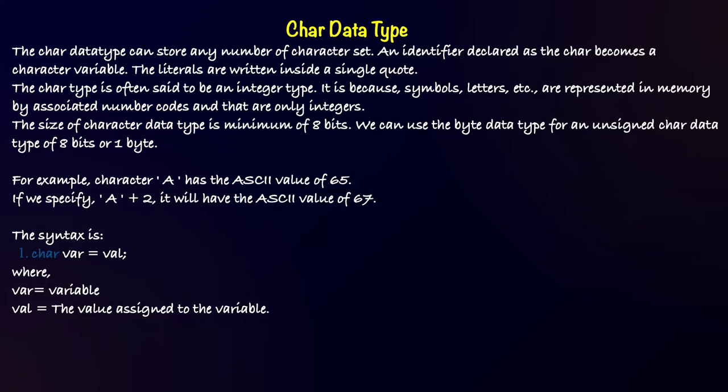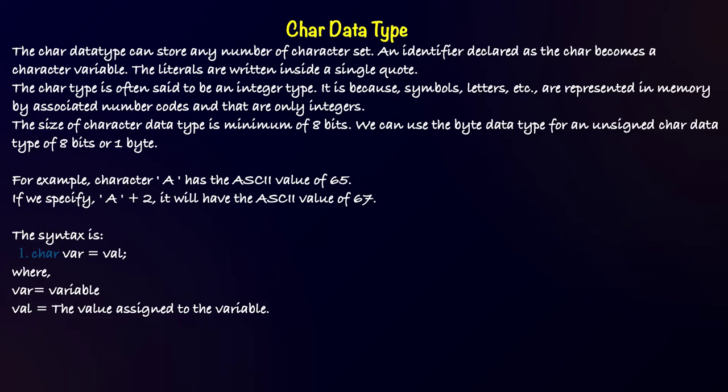Now for example, you see the syntax. What is the syntax? char var equal to val. So similar to int, a character is also defined like that. I hope you have understood the char data type. Int and char are two of the most common data types, not only in Arduino but in every coding language.